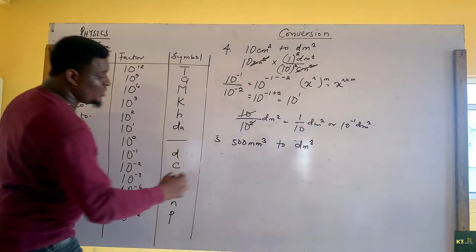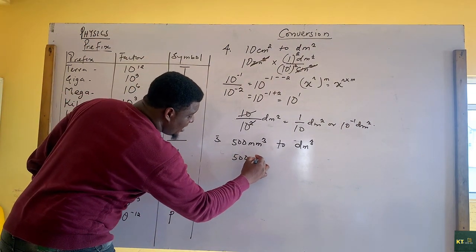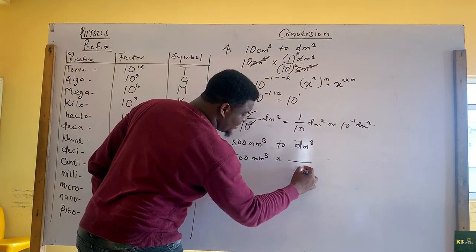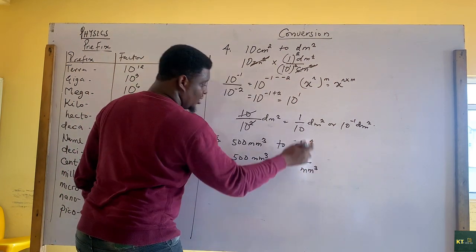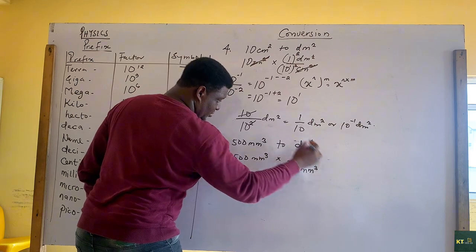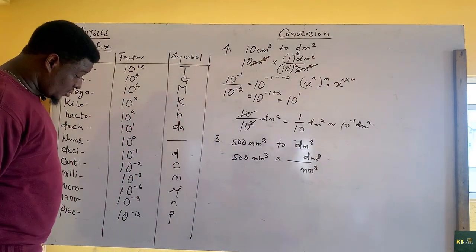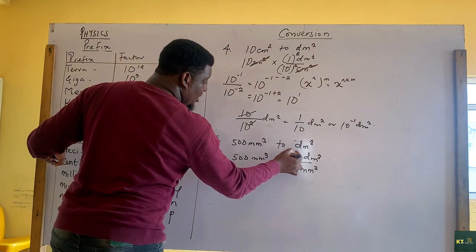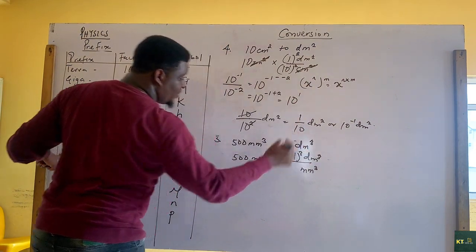So we have it as 500 millimeter cube multiplied by millimeter cube will come down, going up, decimeter cube. From the table, which one is bigger? Deci comes before milli. So deci is bigger. So you have 1 all cube.